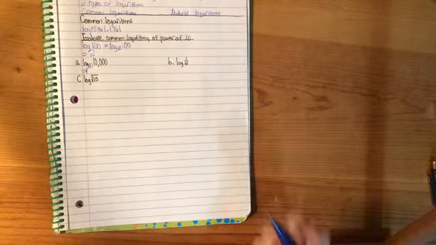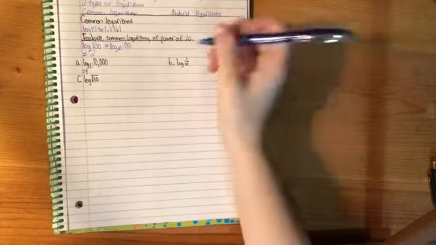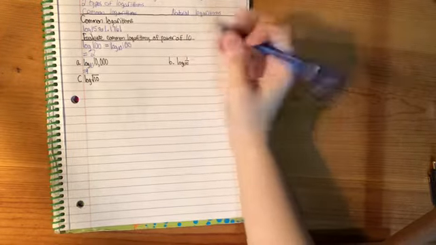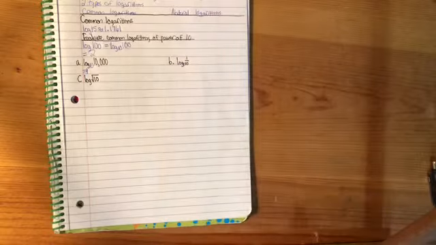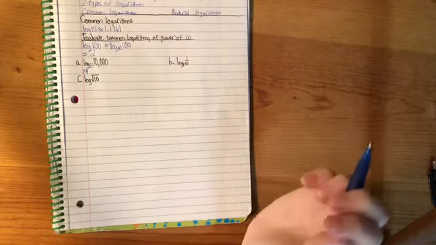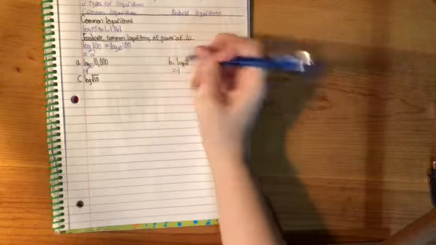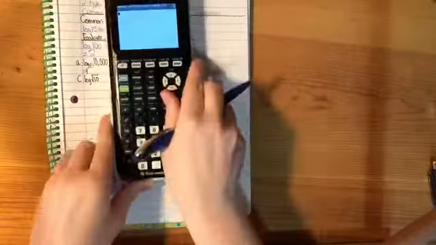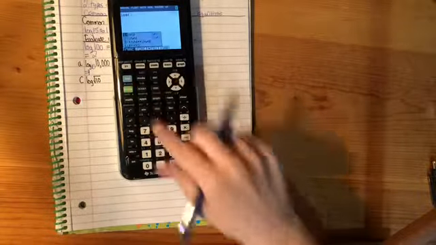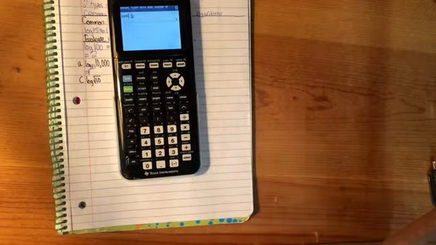Okay, so our next question, log 1/10. So we know that the base of 10 is understood. We don't need to put it there, it's fine. So 10 to what power gives us 1/10? Well, we know that is -1. And you can check it on your calculator, -1.